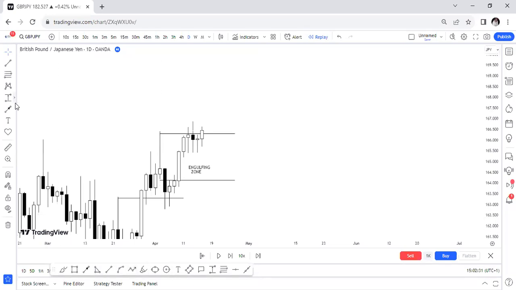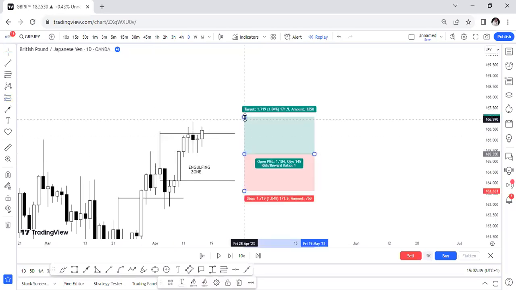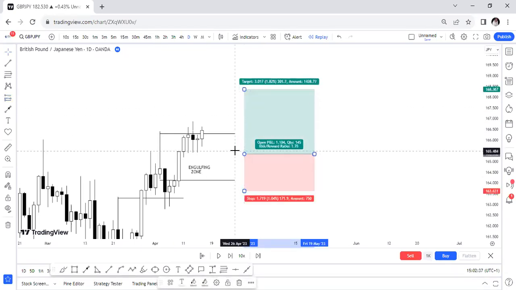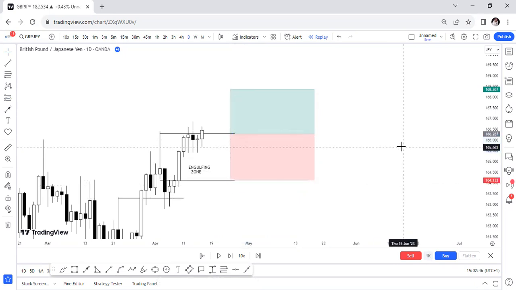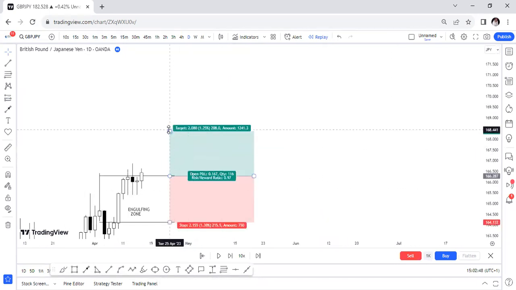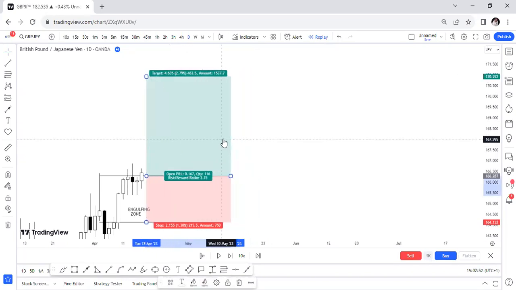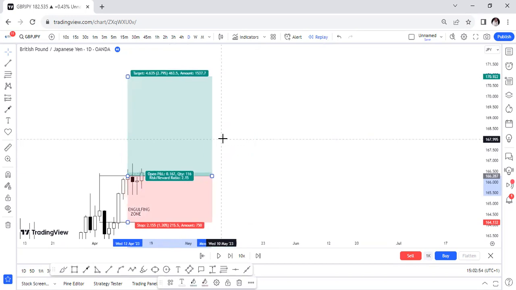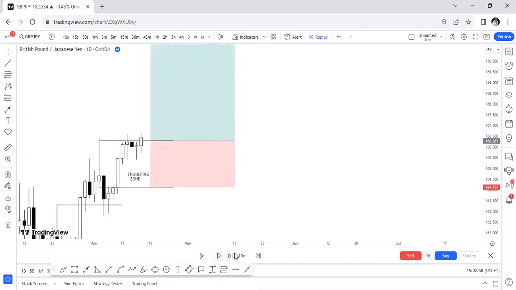So we put our long, and this will be your entry price. Please go lower. You need to go lower to have a very comfortable stop.